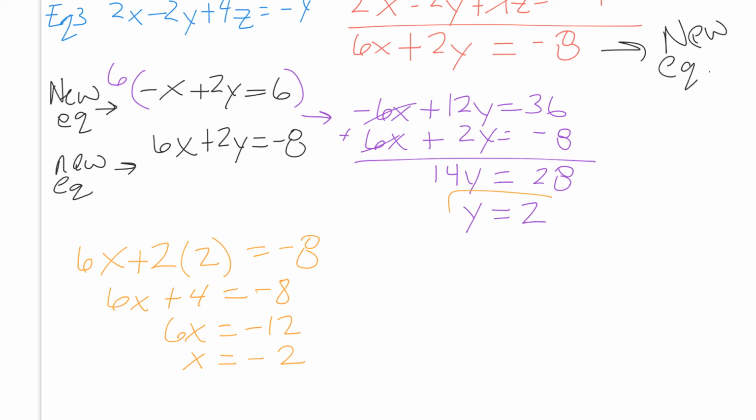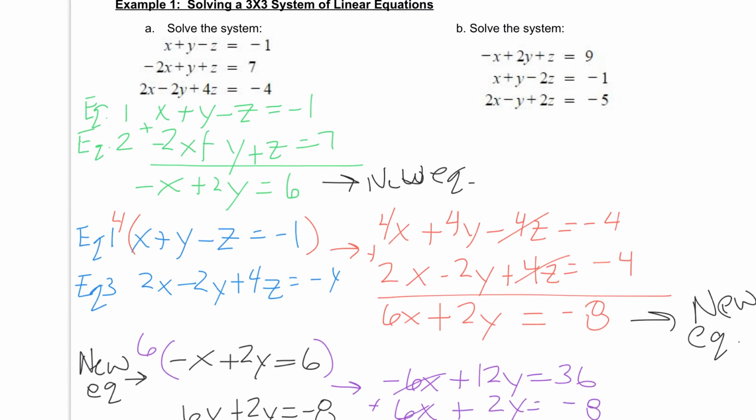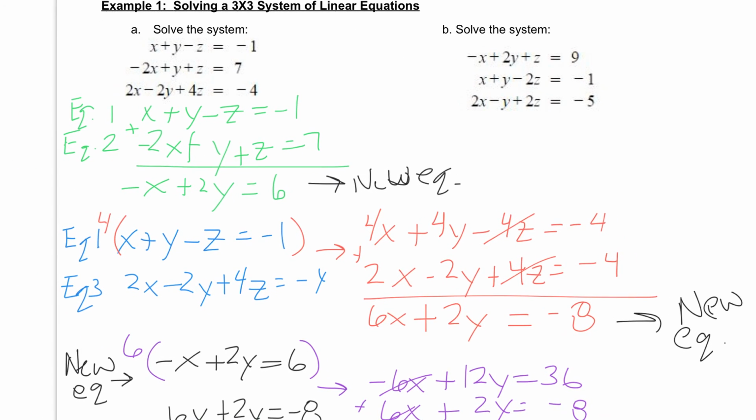So right now I have my y, I have my x, and all I have left to find is z. In order to find z, I'm going to substitute both my x and my y into one of my original equations. So into one of these. I'm just going to go ahead and use the first one.